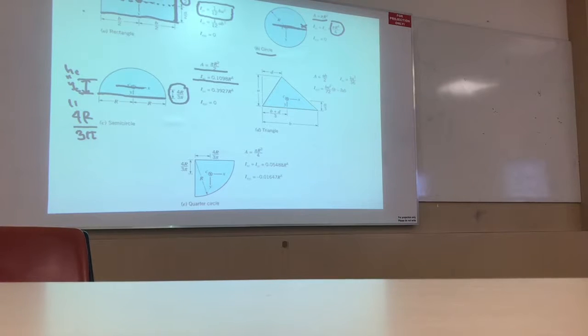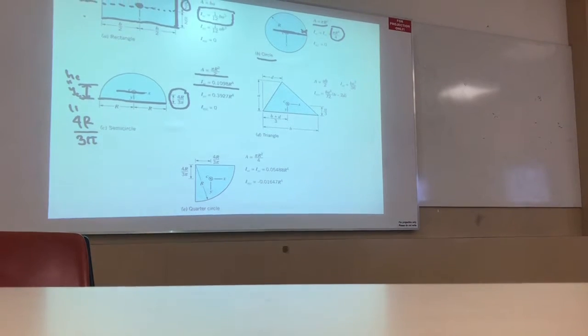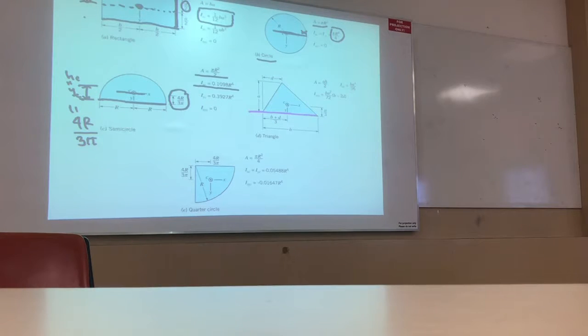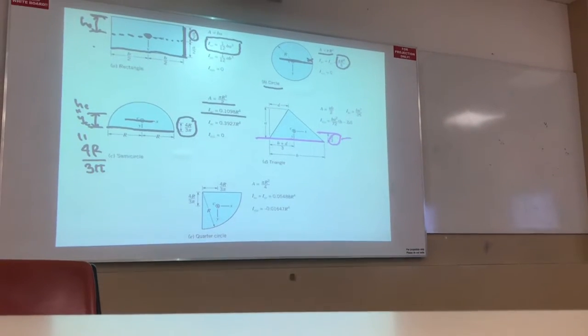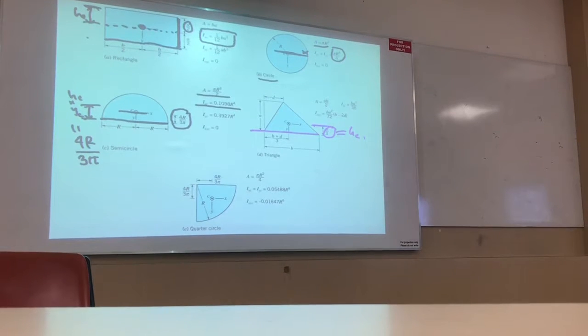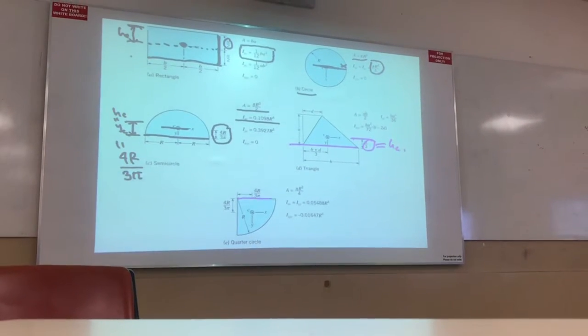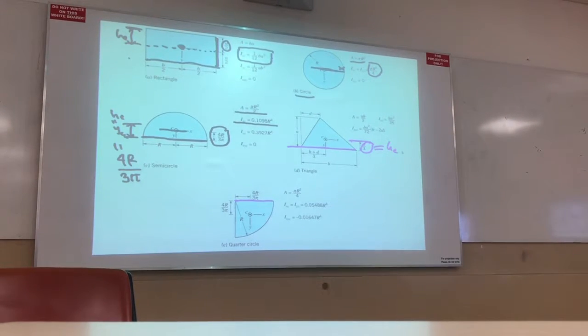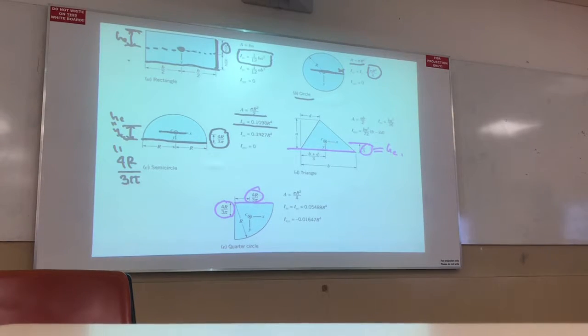Similarly, for the triangular shape, this is the fluid surface, so this indicates HC, A by 3. For a quarter circle, HC is 4r by 3 pi, the same in both axes, right? Okay, so you have to use that. No need to memorize all the equations, and this chart will be given to you.